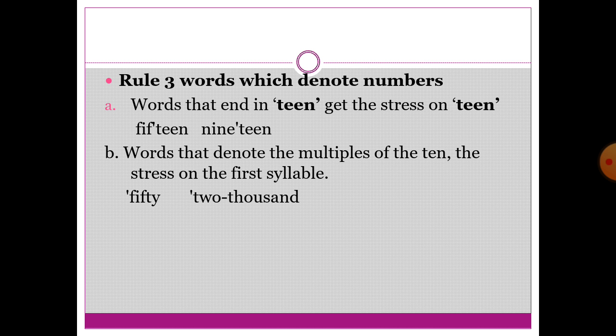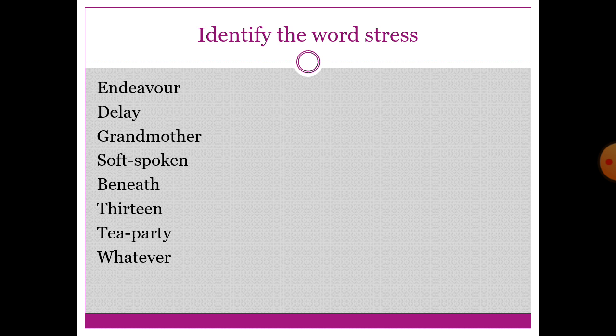And the rule 3 is denoting numbers. So when the words denote numbers with teen, the stress will be on the teen itself. And when they are multiples of 10, the stress will be on the first part. These are the 3 rules we have learnt. So before learning something more, we will have an exercise so that we will be able to identify stress of some of the words. Identify the word stress.